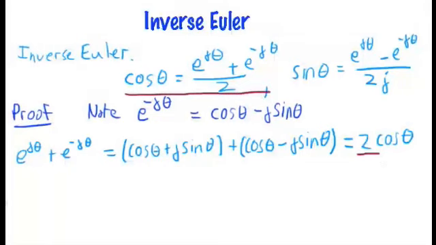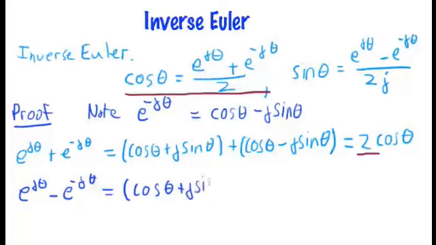The proof for sine is nearly identical. I'll do it a little quicker with fewer words. I start with e to the j theta minus e to the minus j theta. I write it out. I have the same 2 terms, but they have a minus sign between them.